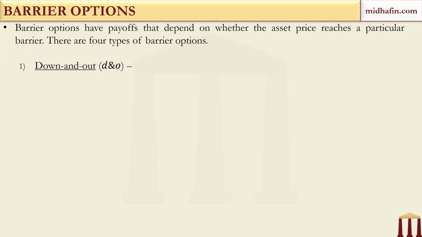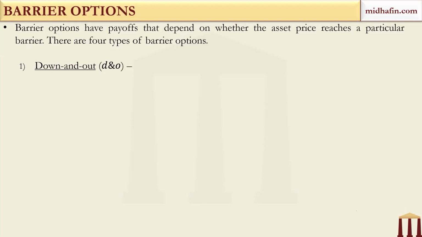In the case of down and out, the barrier is set at a price way below. Let's say currently the stock price is 50, the strike price is 50, and the barrier is set at 45. So it's a down and out, for example. If the asset price reaches 45 or goes below 45, then the option ceases to exist.